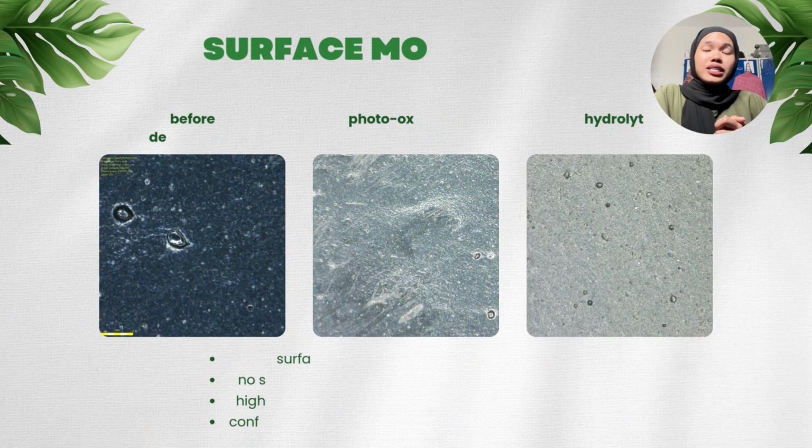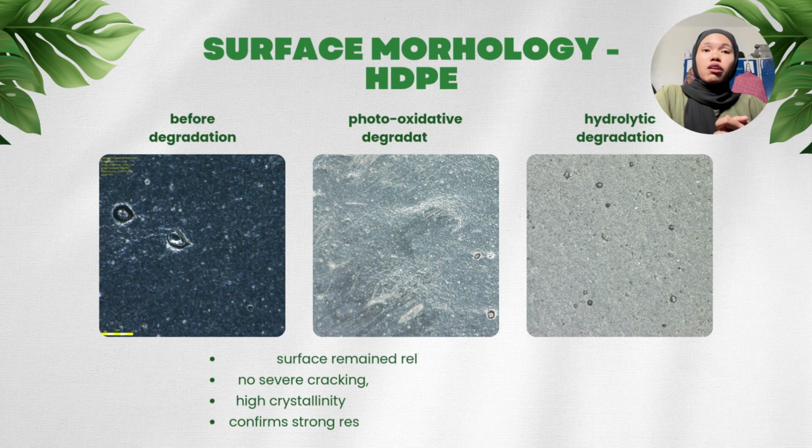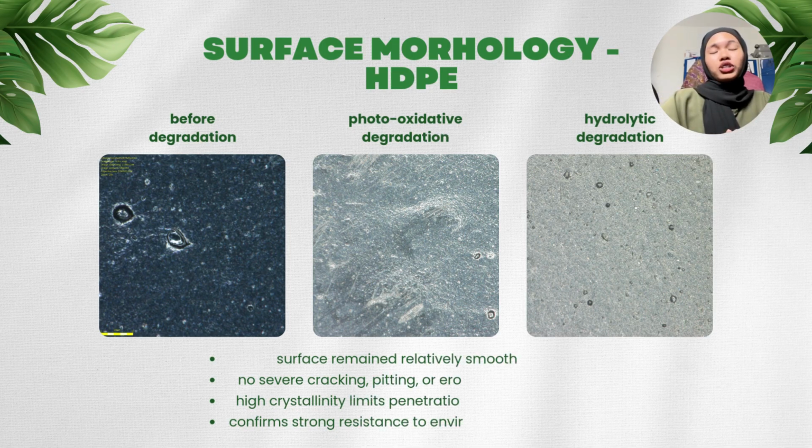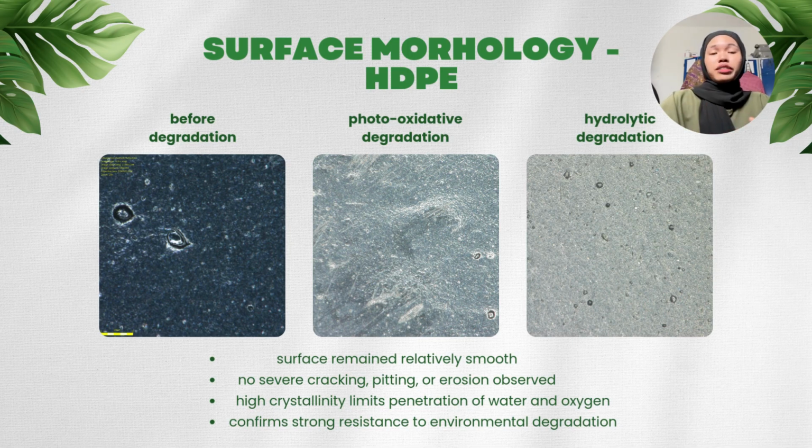In comparison, the surface morphology of HDPE shows very little change before and after degradations. Both degraded and undegraded HDPE samples remain a relatively smooth surface with only minor surface imperfections. No severe cracking, pitting or fragmentation is observed even after 45 days of exposure.